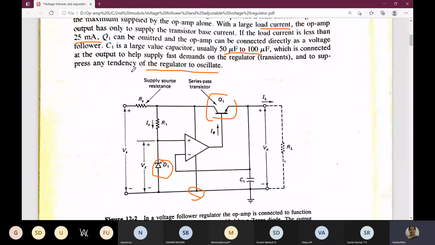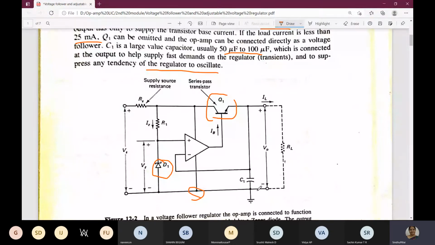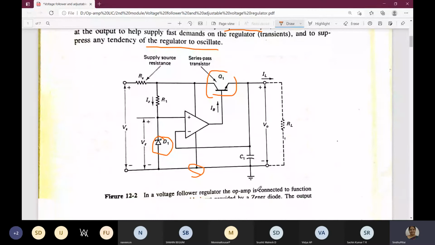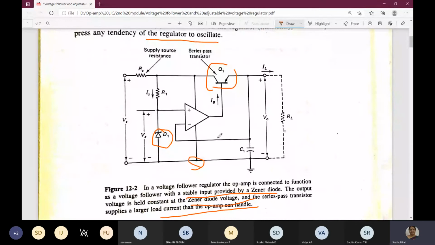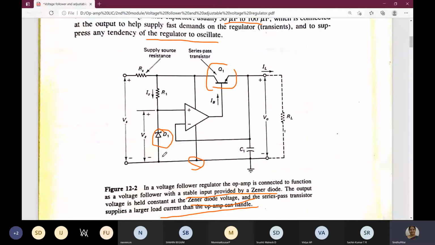So the voltage follower regulator has an op amp. The input is given to the non-inverting terminal of the op amp, and it comes from the Zener diode D1. Whatever the voltage Vz, that will appear at the output, which is given to the base of the transistor to give more load current.